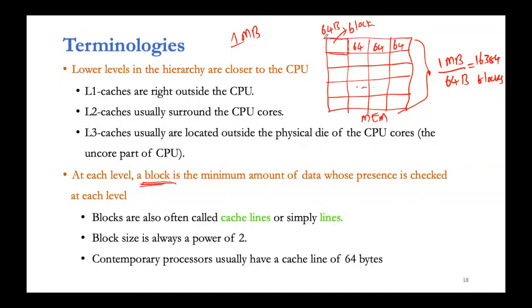So this block is a minimum amount of data whose presence is checked at each level.